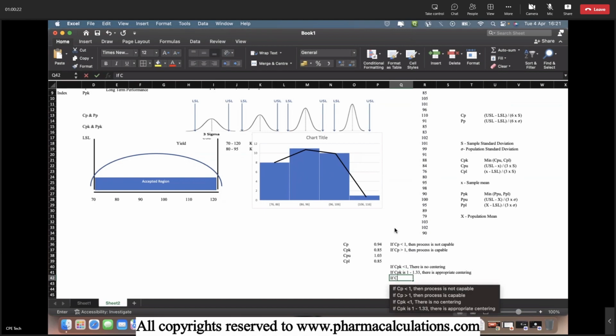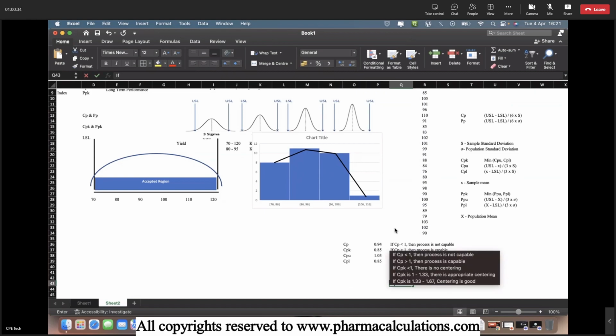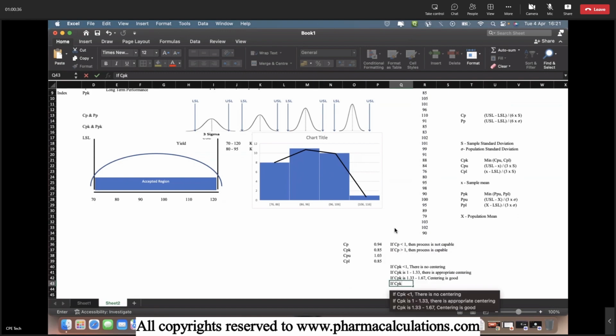If Cpk is between 1.33 and 1.67, centering is good. If Cpk is between 1.67 and 2, the process is highly robust.